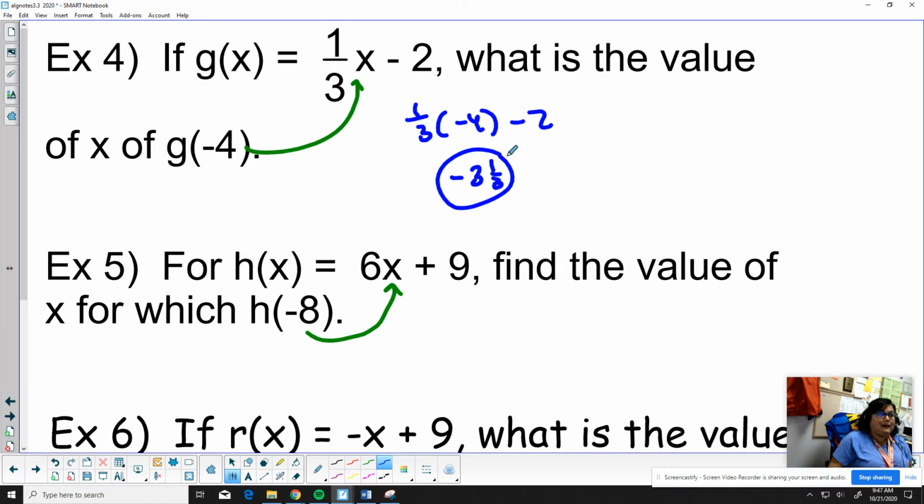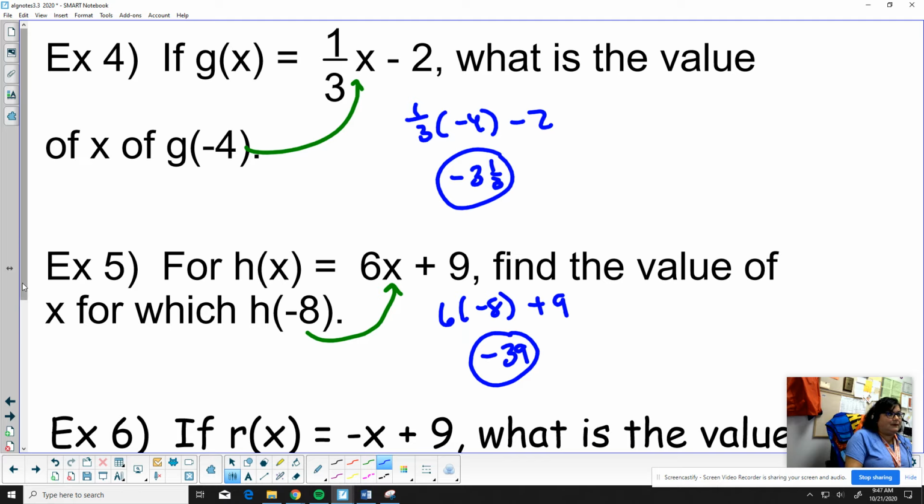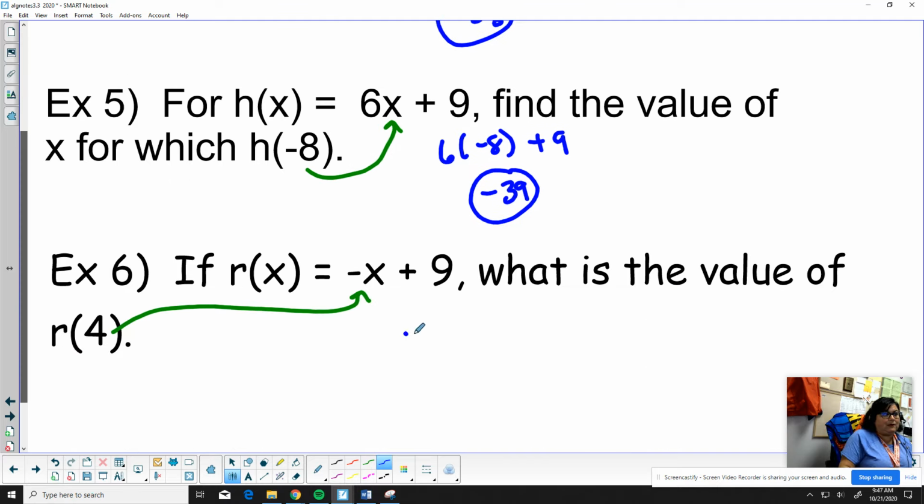Okay, if I take that negative 8 and put it in, 6 times negative 8 plus 9. So again, use your calculator. So negative 48 plus 9 would be negative 39. And then here, negative 4 plus 9 is 5. So if you got any of those right, good job. Give yourself a pat on the back.